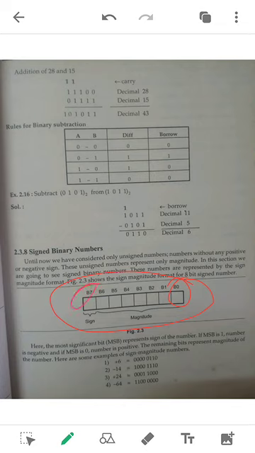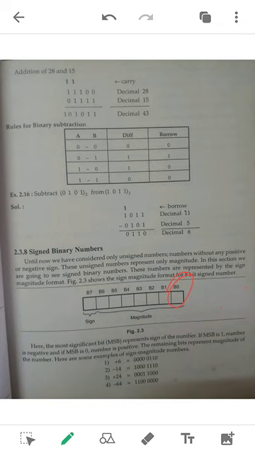So B0 to B7 makes an 8-bit binary number, and this B0 is called the LSB. This is the LSB and this is the MSB. Okay, so the last bit B7 is the MSB, and the first bit is B0. Here we have B0, that is called LSB.